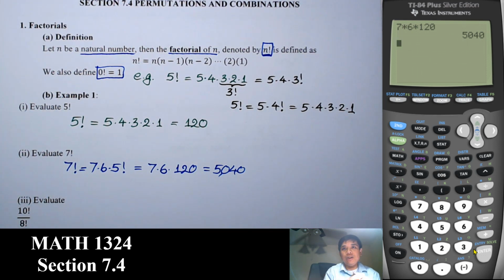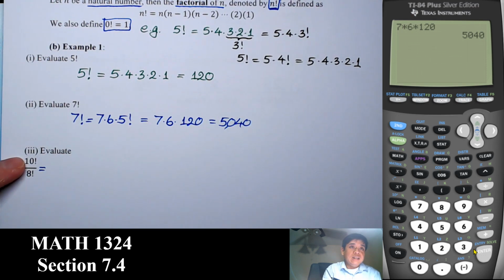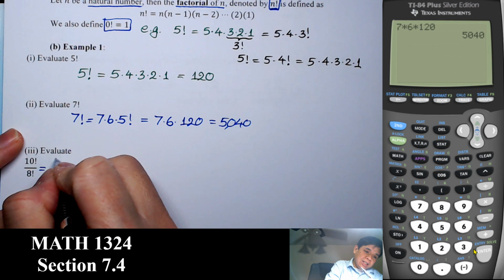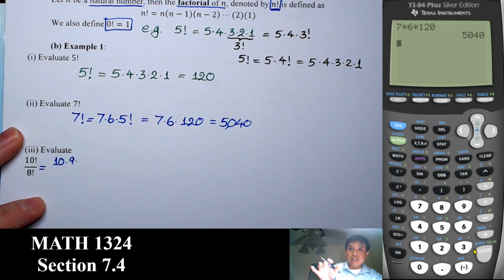Next, to evaluate 10 factorial over 8 factorial, 10 factorial is 10 times 9 times 8 times 7, 6, counting back to 1.